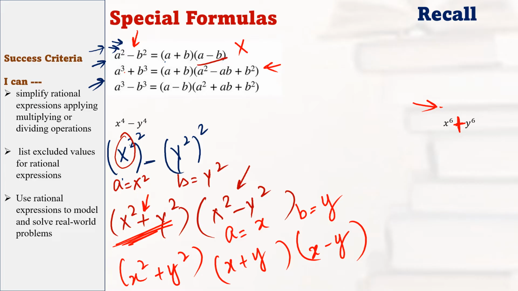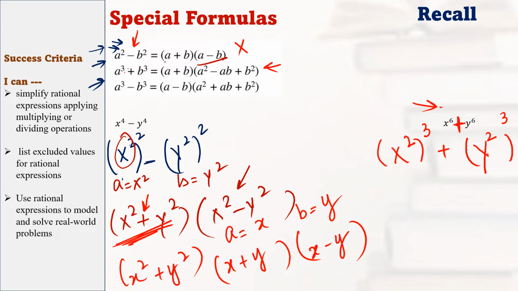So it is cube, right? Cube means I have here power 3 and here power 3. So what do I do to multiply the 3 so that I can get a 6? So 3 times 2 is 6.